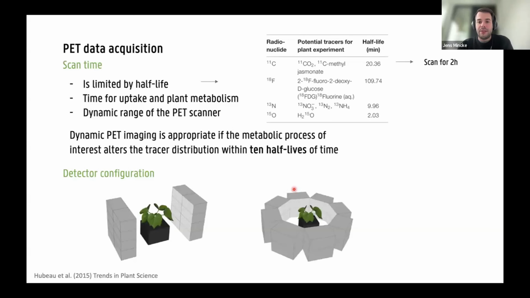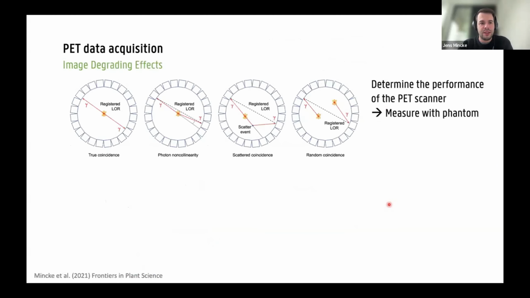Then you also have two sorts of detector designs. It's planar PET detector designs, which use opposite detectors to create 2D images. This is mostly done by a group in Japan. And of course, you can also create a ring of detectors. Then you have a 3D image of your tracer distribution.